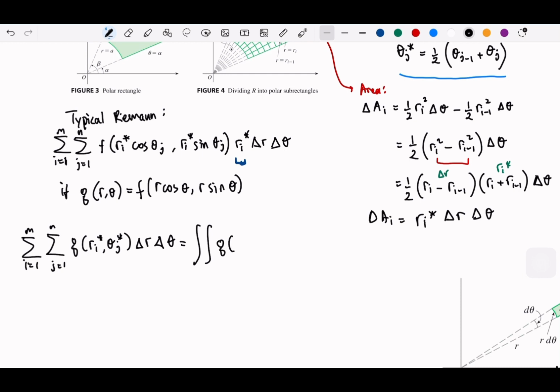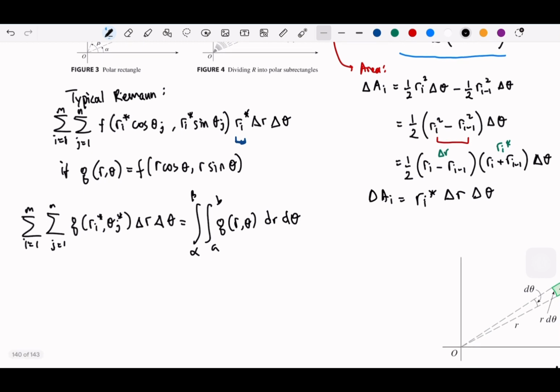So g(r, theta), this will be dr d theta from a to b, alpha to beta. Okay, but it is in terms of g.